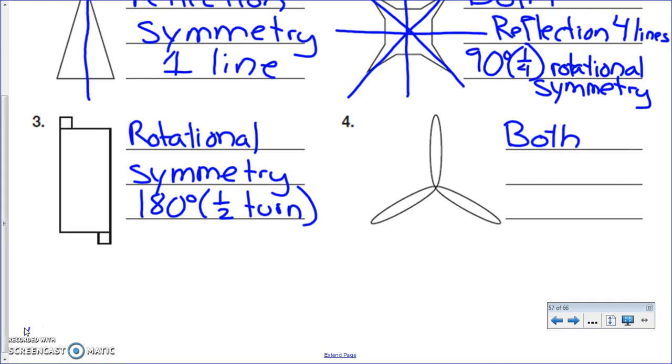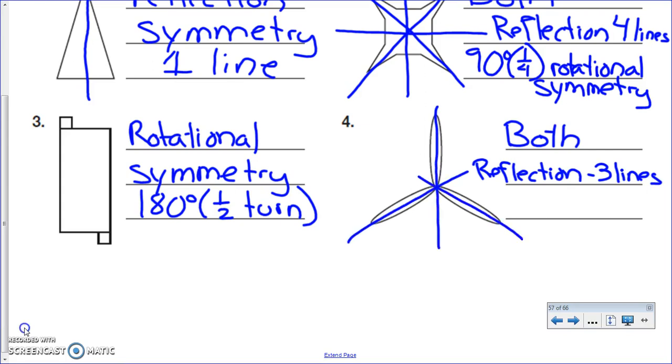For reflection, it has 3 lines going from the top of each of the loops straight through the middle of the shape. And for rotational symmetry, it's a 1/3 turn or 120 degrees.